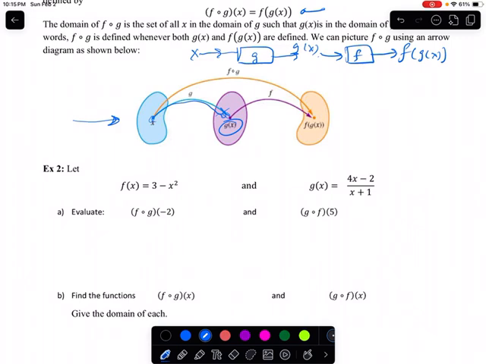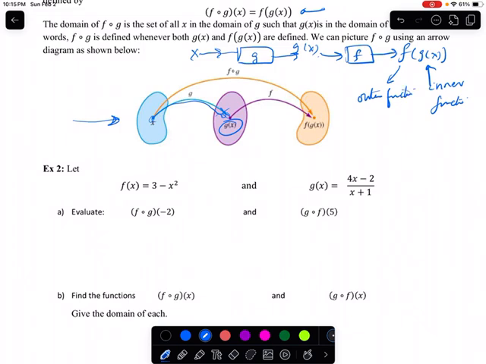We look at the function g, which we also call the inner function, and f is the outer function.